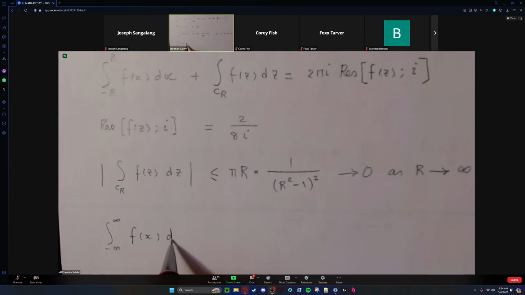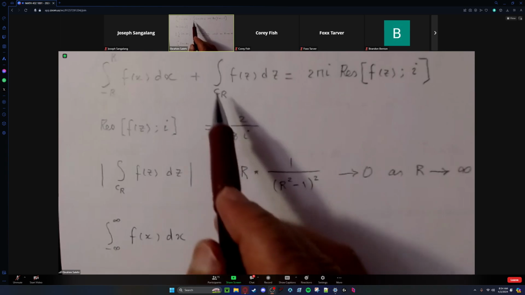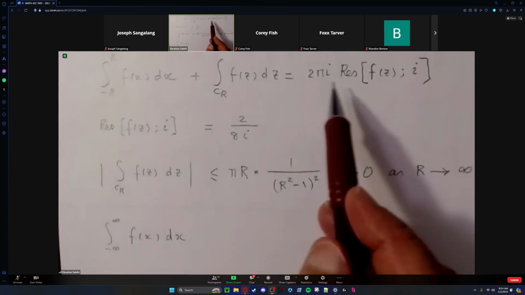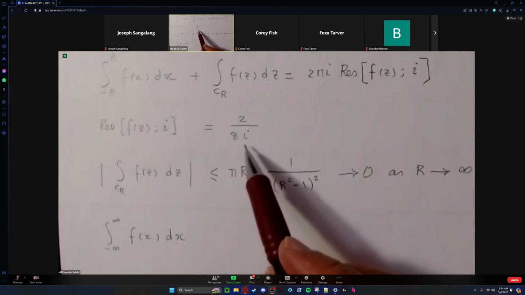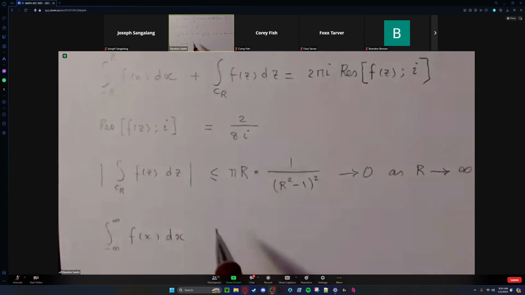That's what we wanted. This part goes to 0. Here, the residue we calculated is 2 over 8i, and multiplying by 2 pi i, you will get pi over 2.